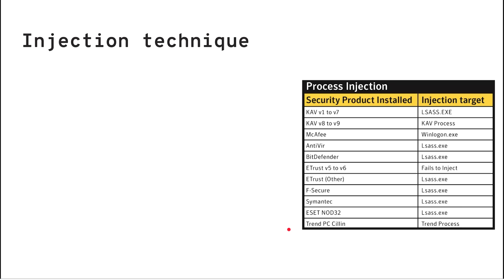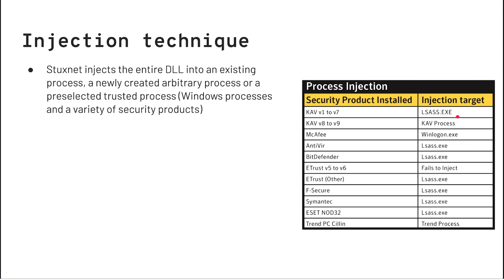Now, injection. Stuxnet would check for the antivirus product installed, and given the type and the version of the antivirus product, it would inject itself in different ways. Stuxnet can inject itself in different ways. One would be an existing process.